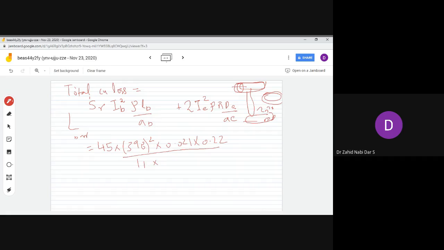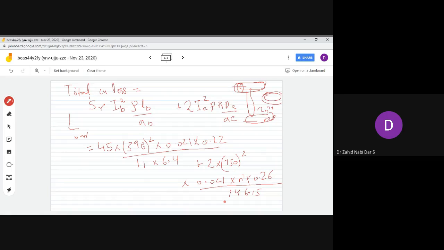11 into 6.4, given again, plus this twice. IE square is given, 950 whole square, then into 0.021 into pi into 0.26 divided by 140. The IE value you just now calculated is 146.15.